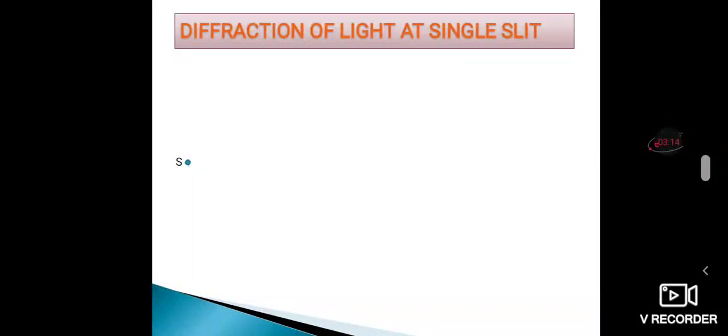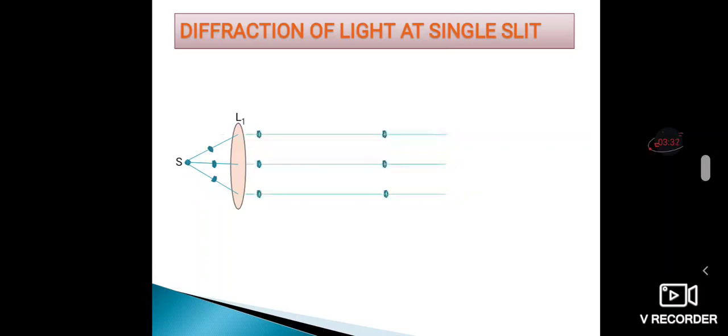Now this diverging light is made parallel after refracting through the convex lens L1. Once it enters the convex lens, all these diverging beams become parallel. Then the refracted light from L1 propagates in the form of a plane wavefront. So it becomes a plane wavefront now.